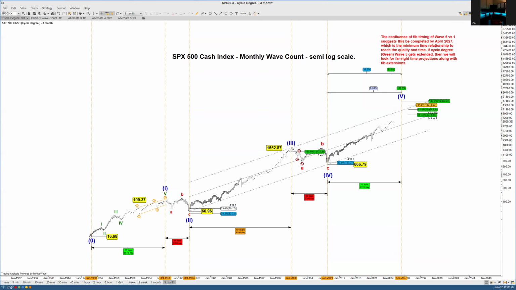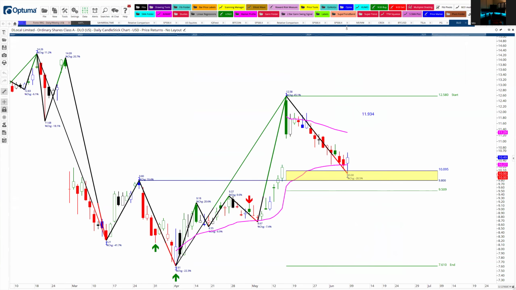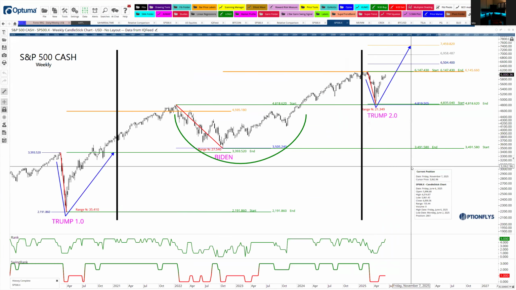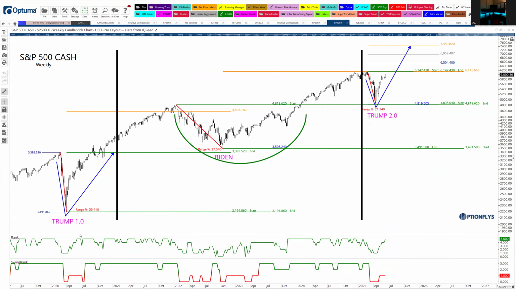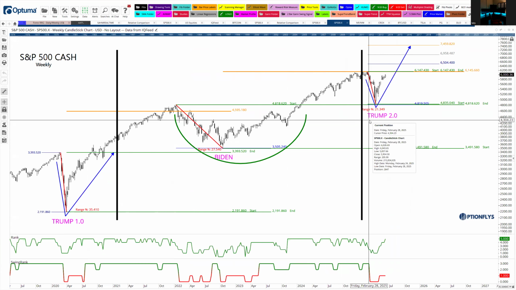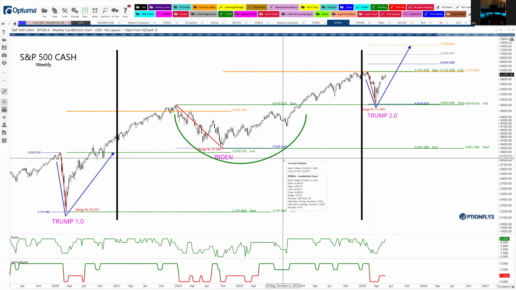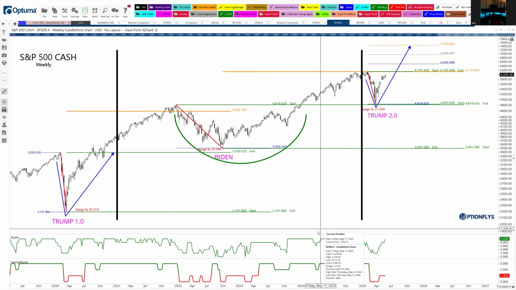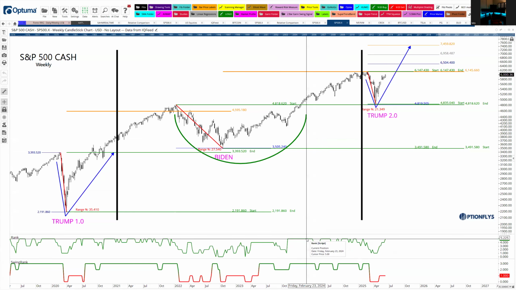I simply go off this: Trump 1.0 and 2.0. We've been tracking this for months now, I would say, right? It's been working like a charm.